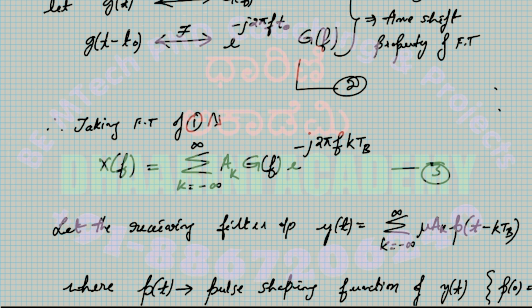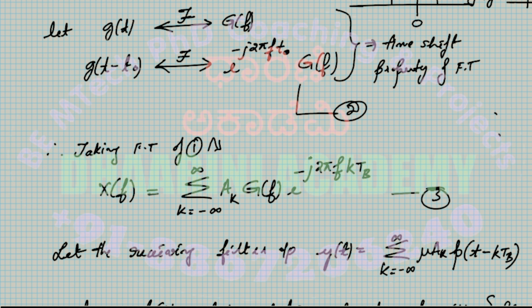Now we refer to our block diagram, and the block diagram says there is a received signal. After you receive the signal and it passes through the receiving filter, we had denoted that as y of t. We have to make an assumption that we send a pulse from the transmitter side.